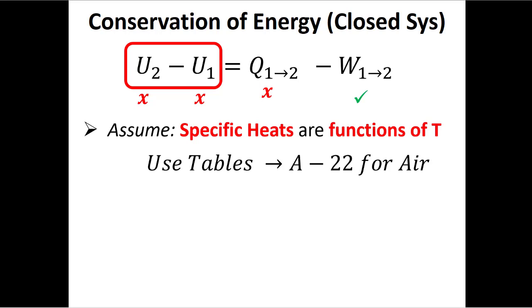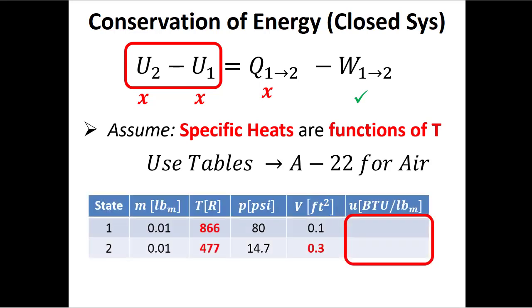And if specific heat is changing with temperature, I can't use CV times delta T without doing some calculus. So instead, I'm going to look up specific internal energies on table A22. Now in this case, because we're using imperial units, we're going to use table A22E. E is for English units.